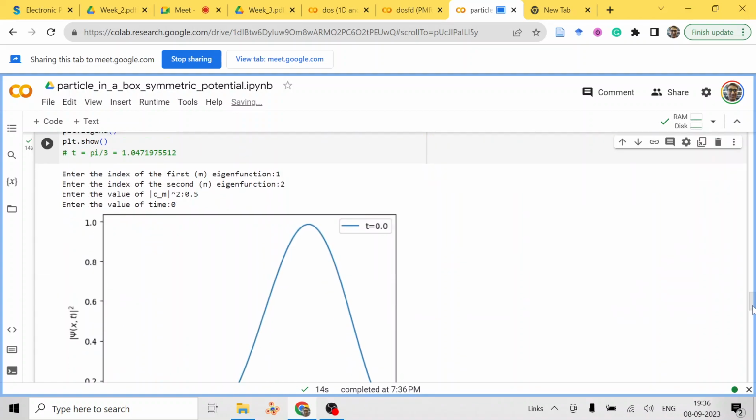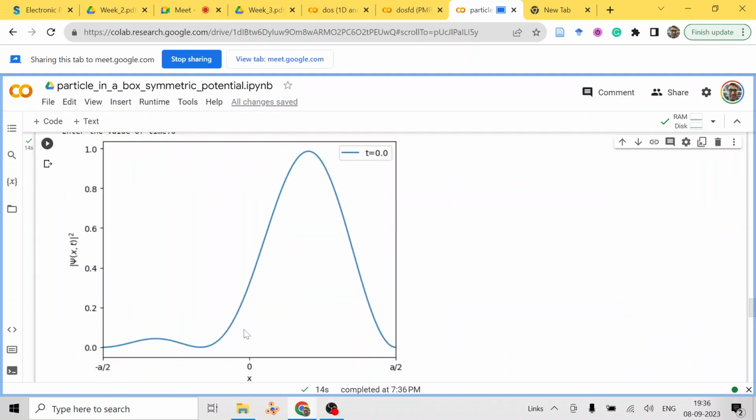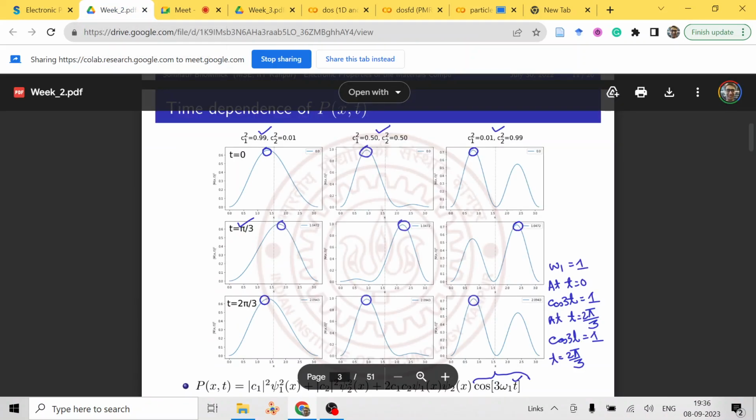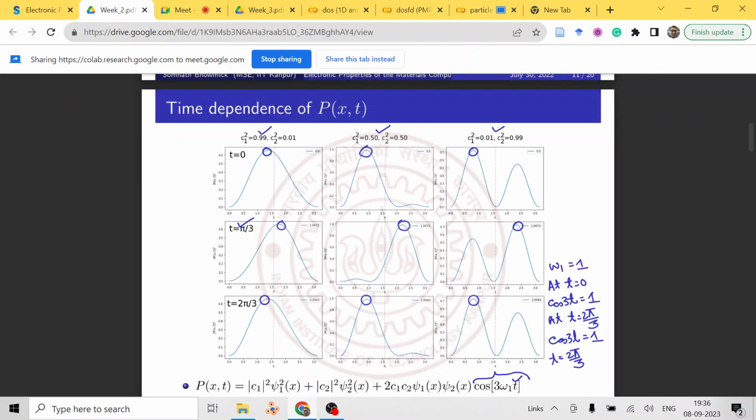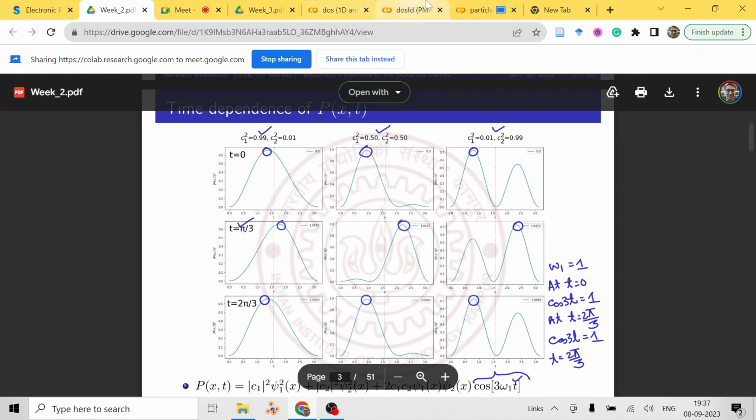Here you can see we are having this on the left side of the box, a by 2, and from week 2 it was on the right side, but that doesn't matter, left or right, it is similar to the previous case.